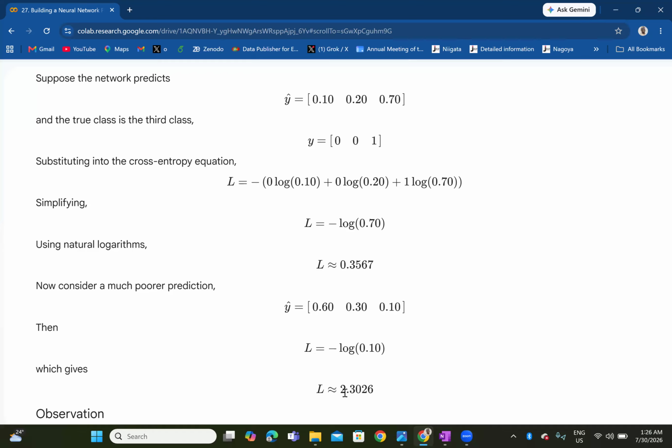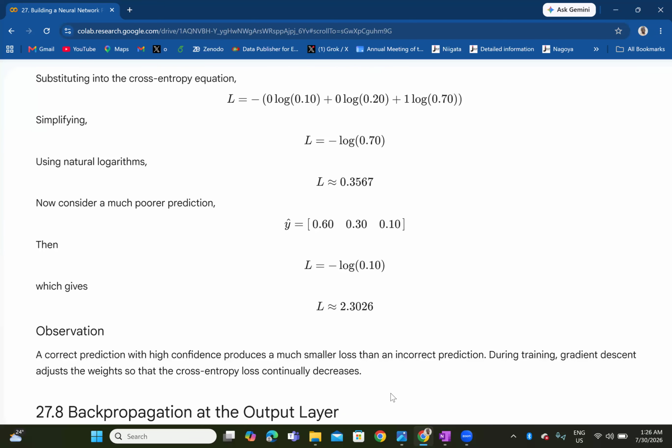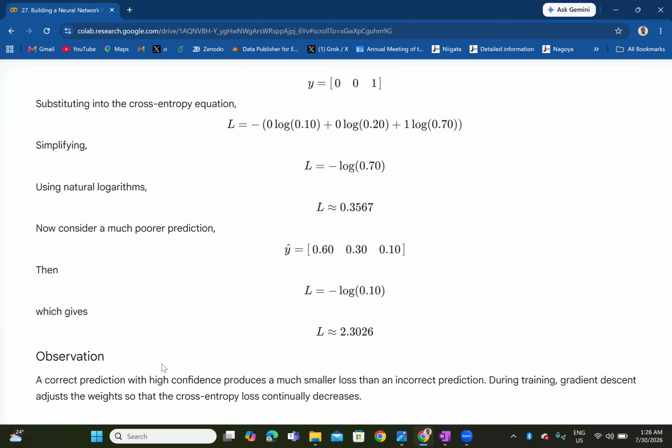So that gives you a bigger loss, which is 2.3026. The observation here is that a correct prediction with high confidence produces a much smaller loss than an incorrect prediction. During training, gradient descent adjusts the weights so that the cross entropy loss continually decreases. So you keep recalibrating the weights and biases until you get a loss that is acceptable.